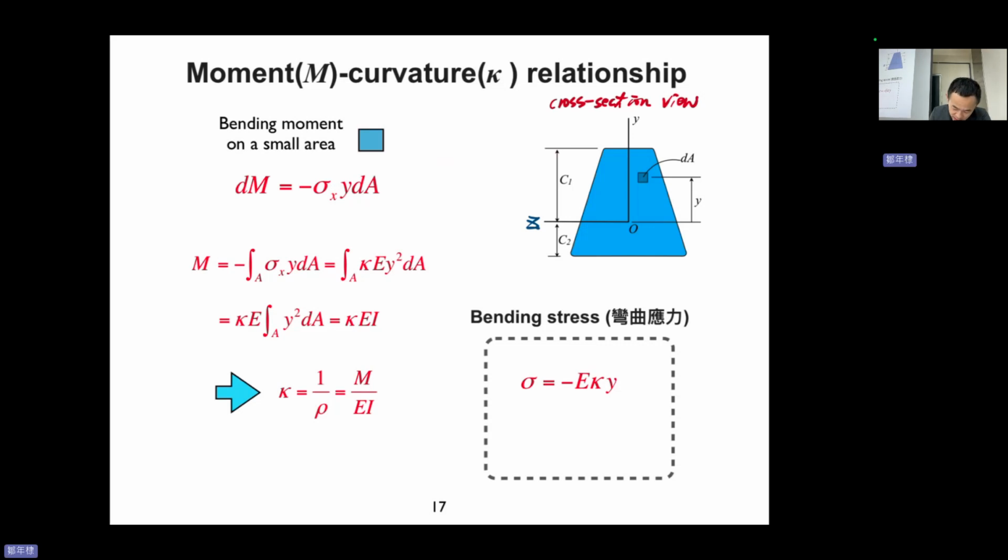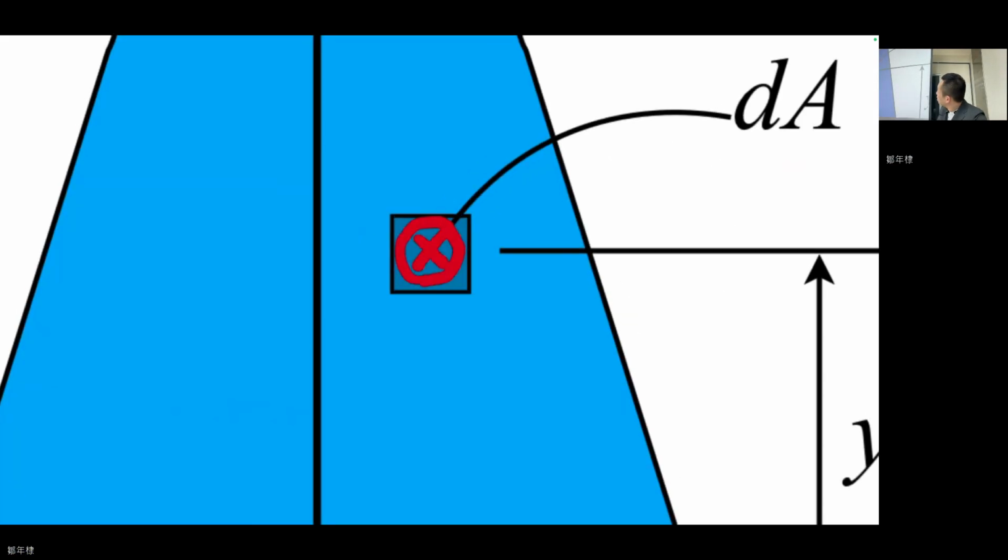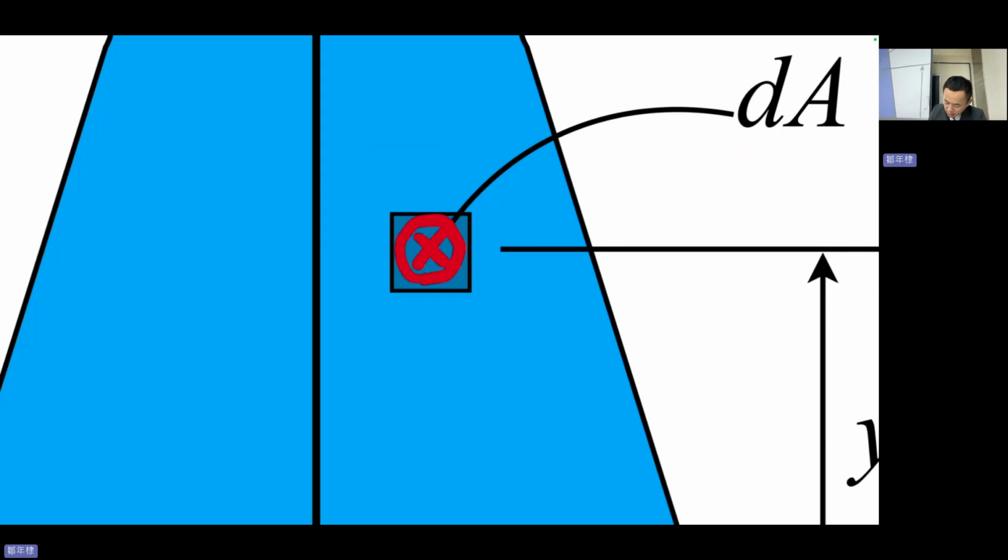Sigma x times dA is the force. And what is the arm? You can imagine that there's a force. Can you see that? Sorry. No? Okay, I will enlarge that for you. Can you see that? Okay.